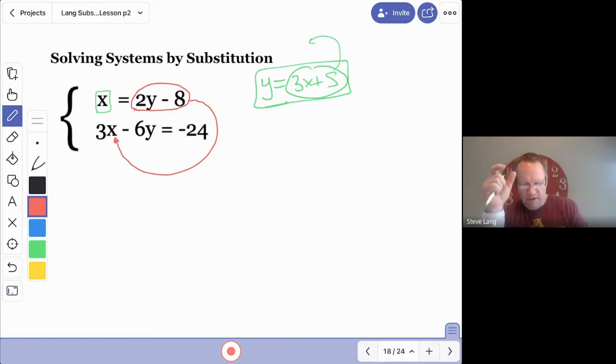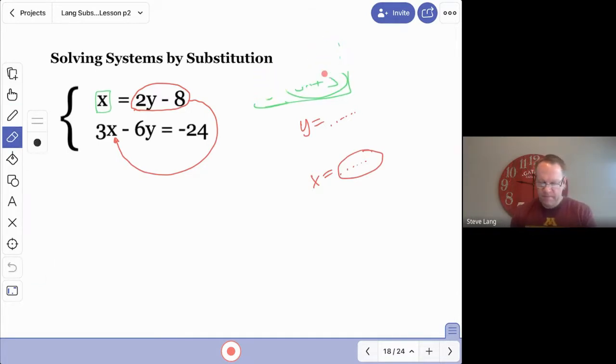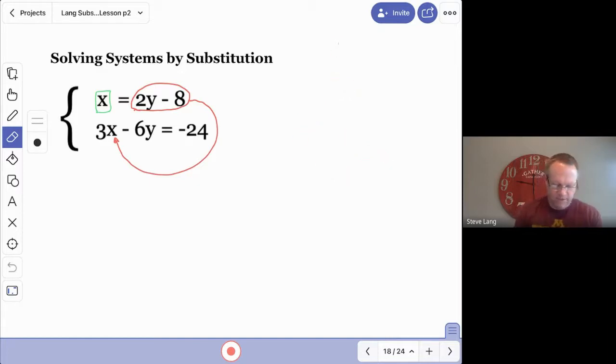So one of the equations will either say y equals blah, blah, blah, or one of the equations will say x equals blah, blah, blah. That's the equation that gets substituted, and you circle blah, blah, blah, and that's what goes into the other equation. Okay? But after that, it's the same technique. So I'm going to plug that in.